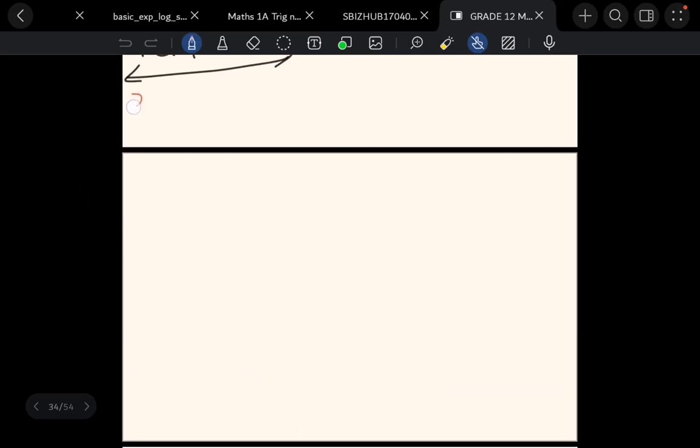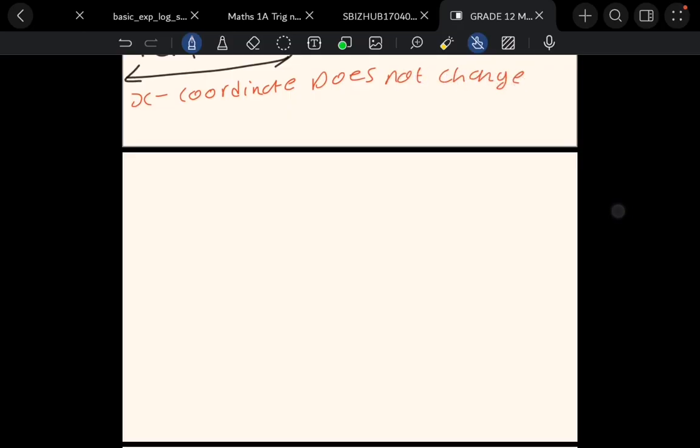So the x-coordinate does not change, but the y-coordinate changes. If that is so, how can we find the distance?